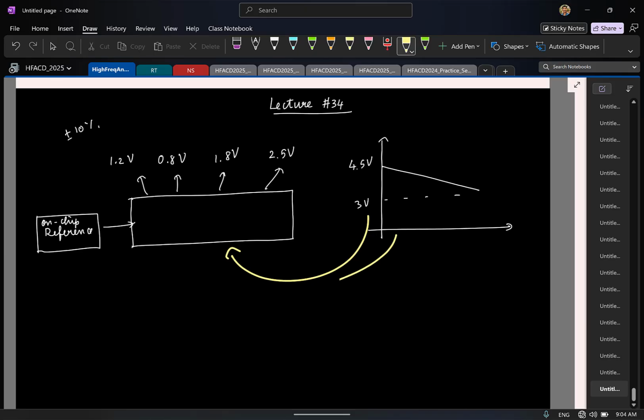Of course, this will also be powered by the battery. So this is how typical power generation is done, and this block is what we call a voltage regulator, if you have heard of this term before.